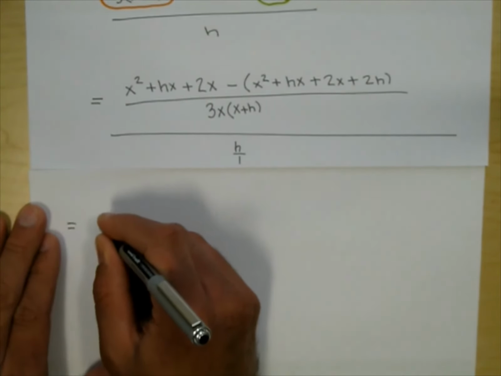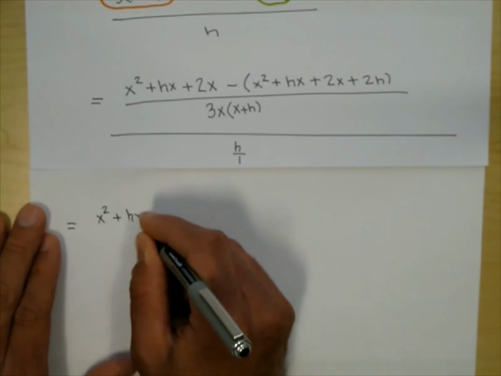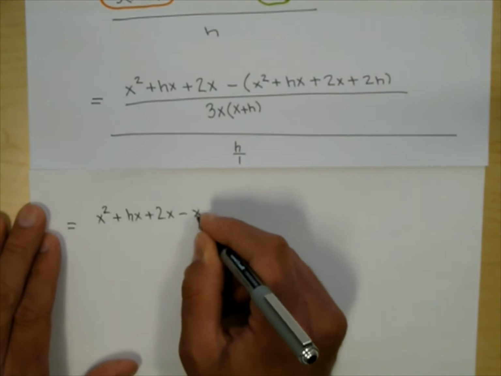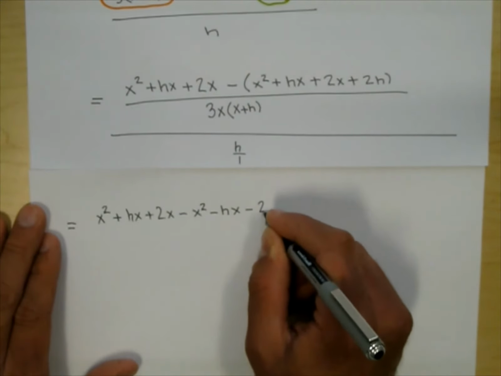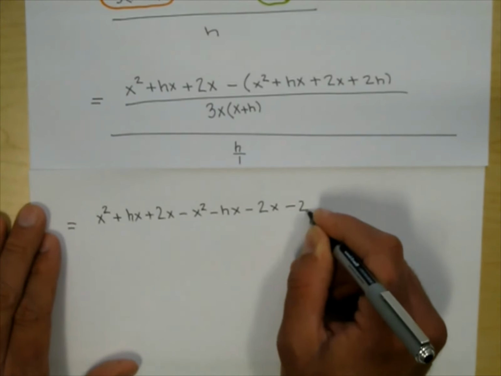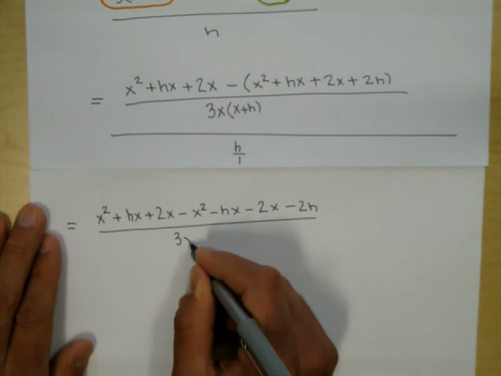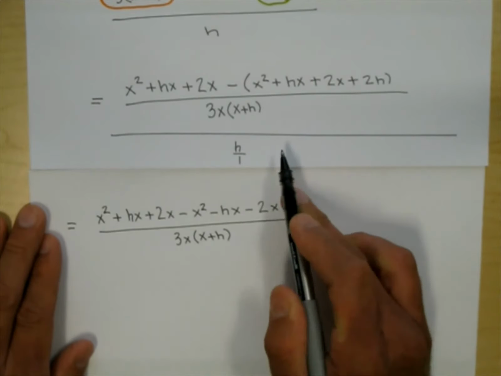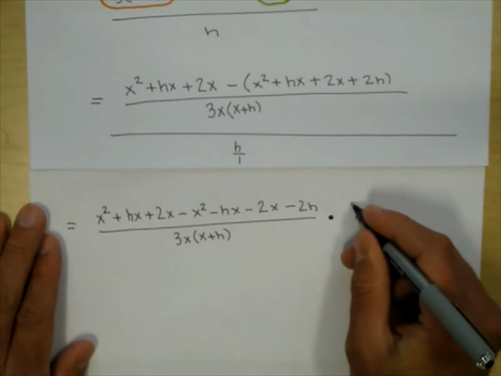So this equals x squared plus hx plus 2x minus x squared minus hx minus 2x minus 2h. So this is all over 3x times x plus h. There's the copy, the dot, and then we flip the bottom, so 1 over h.